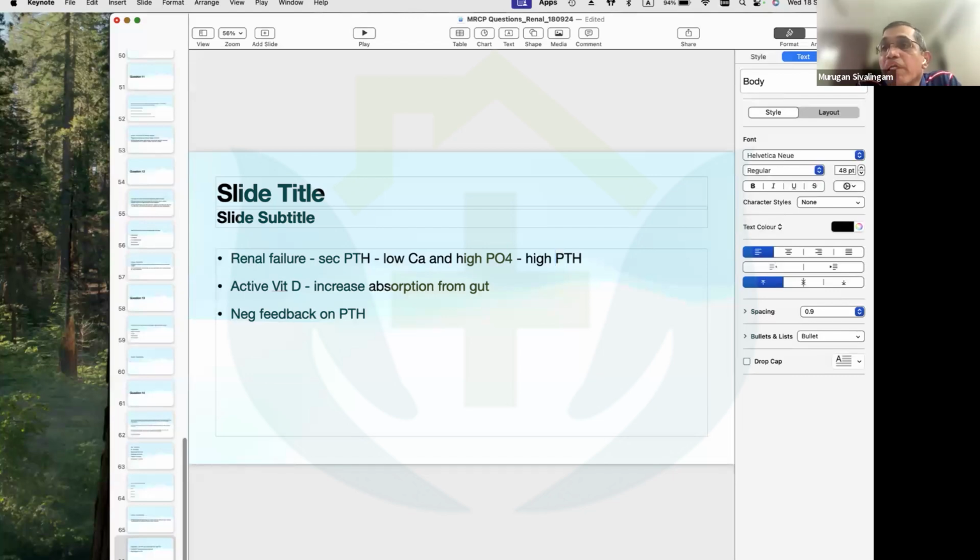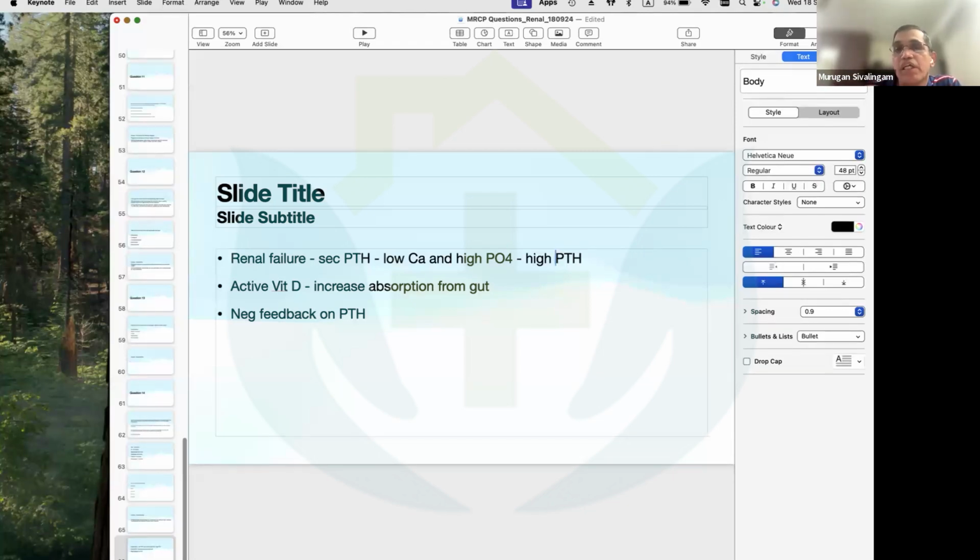Okay, so what we normally do as a treatment for these patients, because this hyperparathyroidism is also quite important, that's why I'm covering it. In secondary hyperparathyroidism, low calcium, high phosphate, and low active vitamin D all together stimulate the PTH.